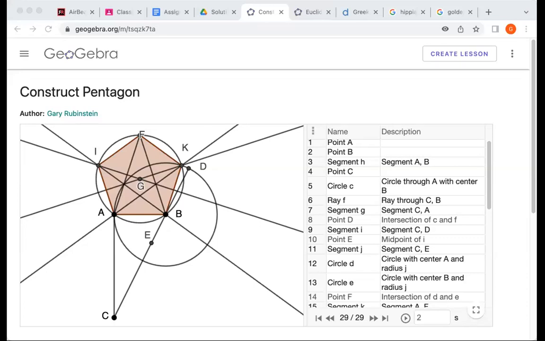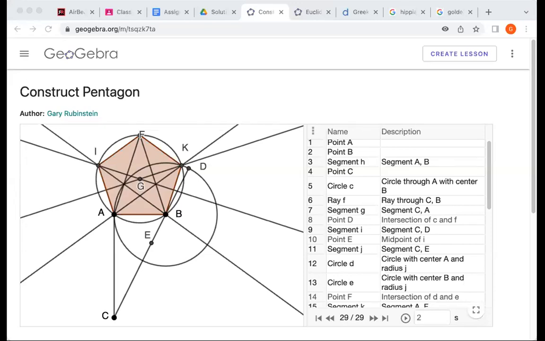You can stick with me if you want to see that I provide this to you properly. So let's see. Construct regular pentagon. Hold on. I'm going to assign this.